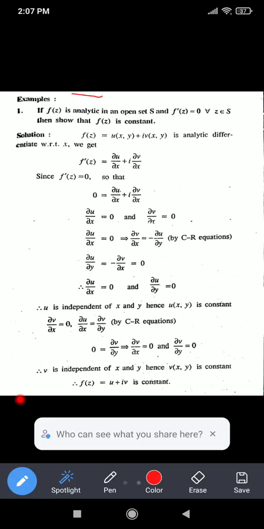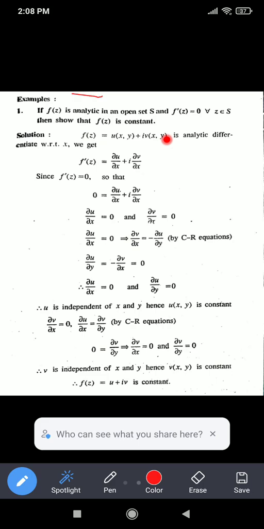The first example: if f of z is analytic in an open set S, that is, by the definition of analytic, f of z is differentiable in a neighborhood of a point z naught in a domain, then f dash of z is equal to 0 for all points z belonging to the open set S. Then show that f of z is constant.